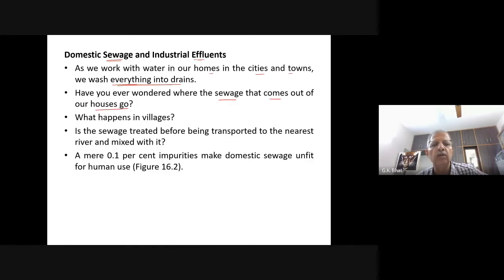Do you know, Navya? Do you know where the sewage that comes out of your house goes? No, sir. No, because you are not interested. Why should I know? Sir, do you think I don't have any other work? She may ask me. What happens in villages? Is the sewage treated before being transported to the nearest river and mixed with it?